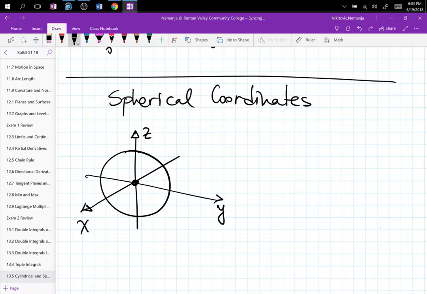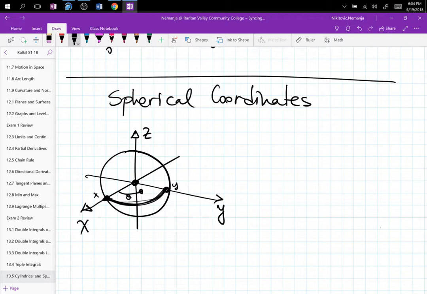And we're going to realize that there is this path from the x to y, and that is operated by angle theta.